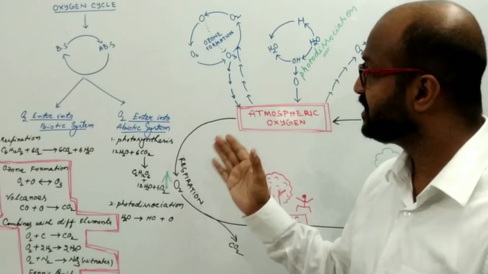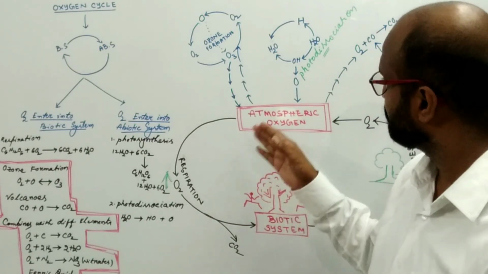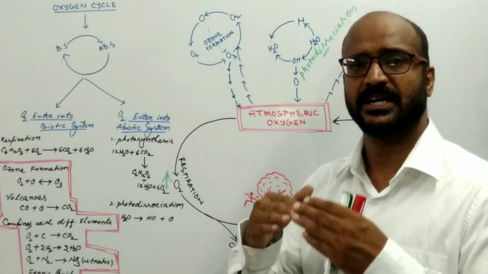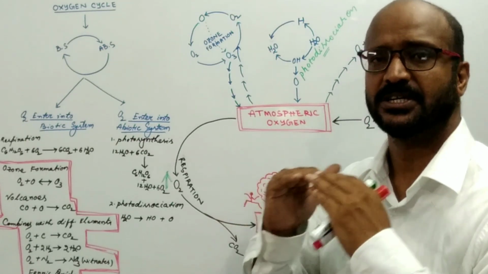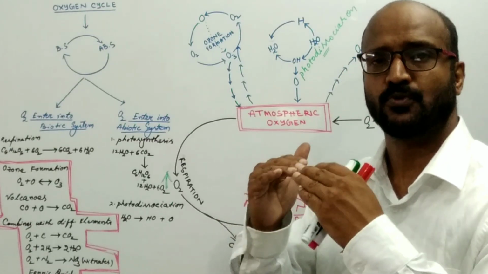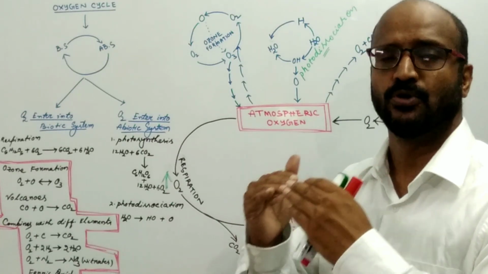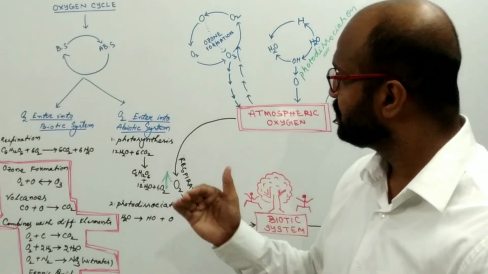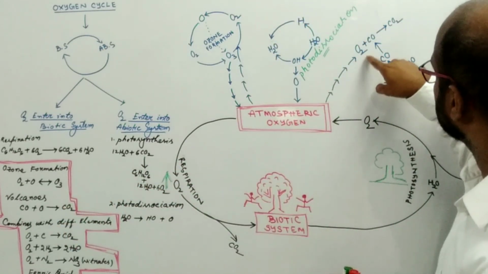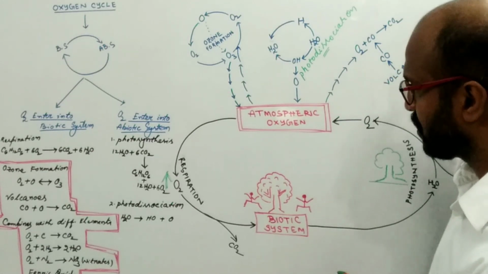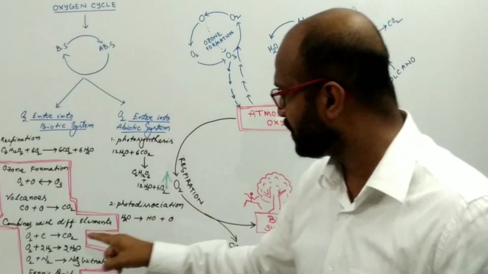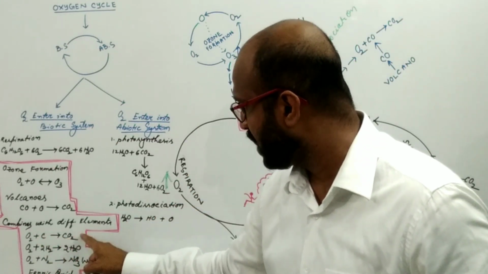Atmospheric oxygen is utilized for different processes. Some of it is utilized for the formation of ozone, which takes place in the outer region of the atmosphere and acts as a protective shield, protecting us from the harmful ultraviolet rays coming from the sun. At the time of volcanoes, oxygen combines with carbon monoxide and forms carbon dioxide, and some atmospheric oxygen combines with carbon to form carbon dioxide.